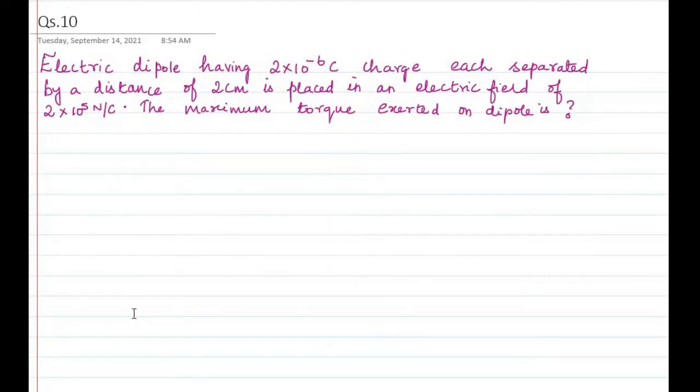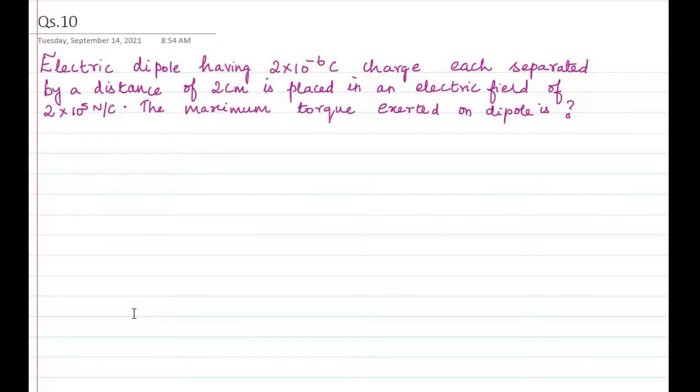Okay, next question. An electric dipole having 2 into 10 to the power of minus 6 coulomb charges, each separated by a distance of 2 centimeter, is placed in an electric field of 2 into 10 to the power of 5 Newton per coulomb. The maximum torque exerted on the dipole is?